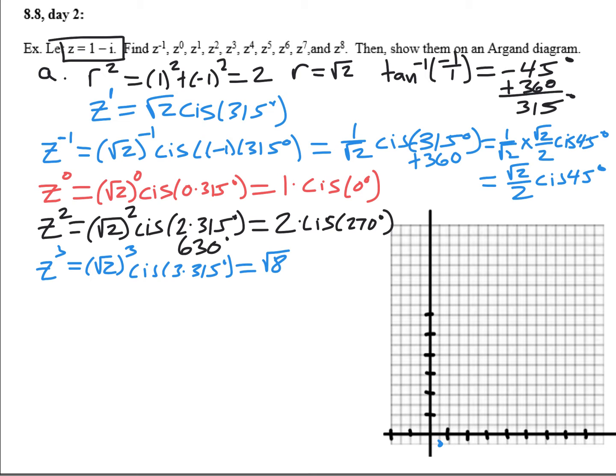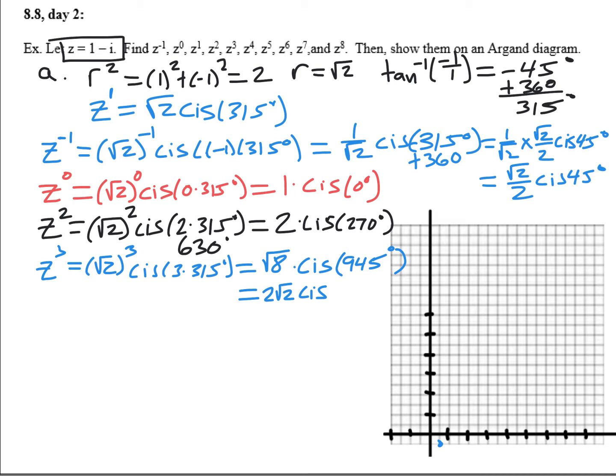R would come out to be the square root of 8. Three times 315 would be 945. And that answer's getting close. 8 could be written 2 square root 2, and you'll see this happen a bunch on the others because as I'm multiplying by n, I'm getting way bigger than 360.